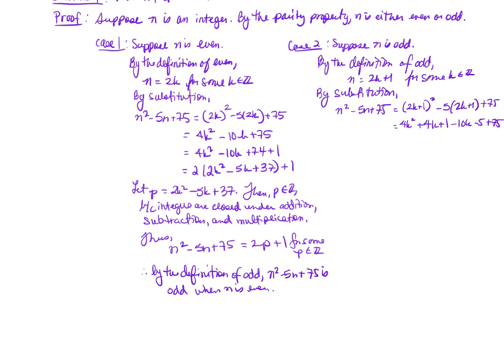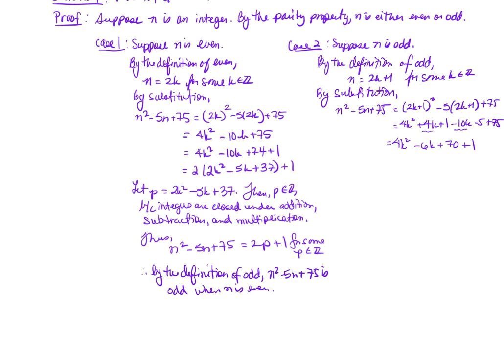So if we put together some of our like terms, we end up with 4k squareds, and we have what? 4k minus 10k gives us a negative 6k, and 75 minus 5 gives us 70, and then plus 1. So I'm going to do plus 70 and plus 1 because we need to show that it's odd anyway, so why not leave it as 70 and plus 1?